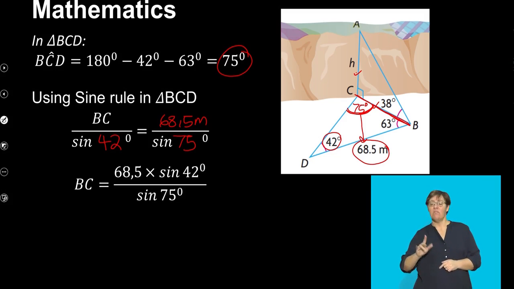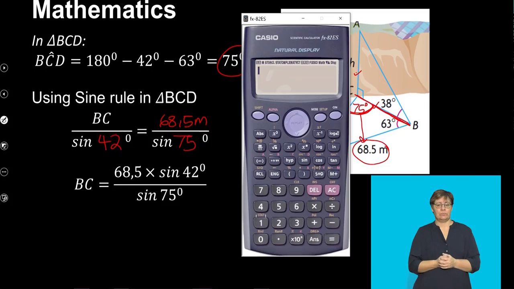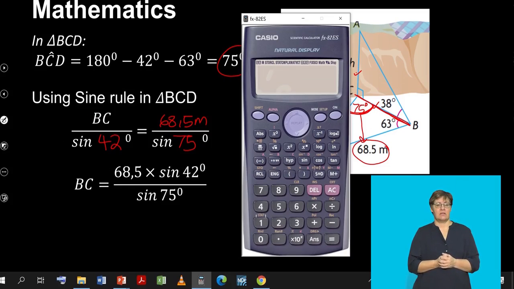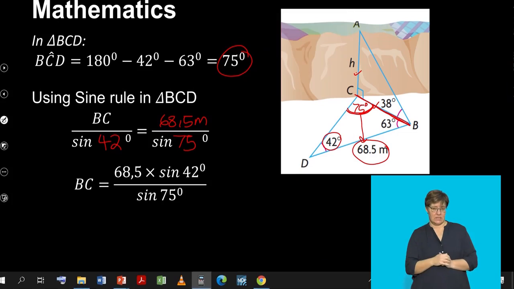And then it's pretty simple. We're going to just put this into our calculator. So we're going to say 68.5 times sine of 42, divided by sine of 75. So our answer is going to be 47.4523.